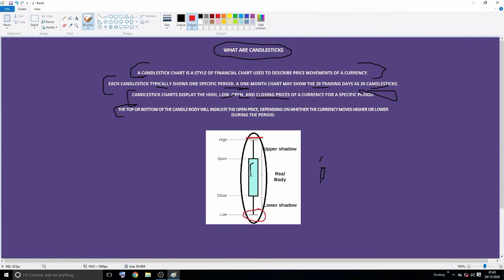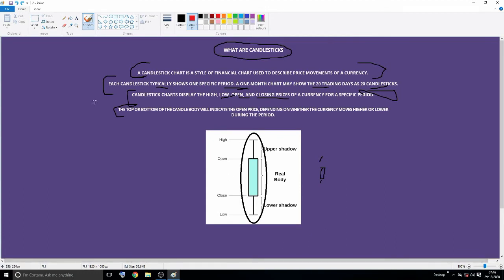And if it is closed like this, it means it opened here, right? It opened here, and then it pushed down to the lowest, and then it pushed up to the highest, and then it came back to close here and then opened another candle. So by looking at one candlestick, you can simply understand what the price did.